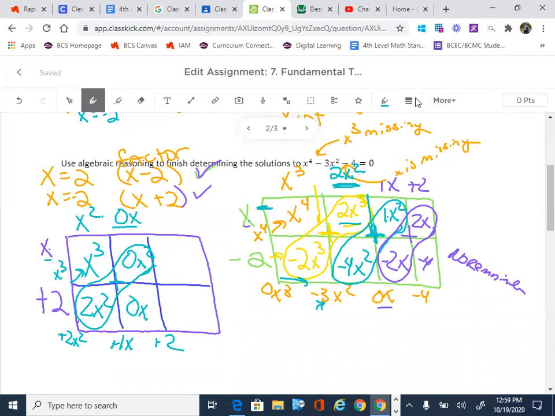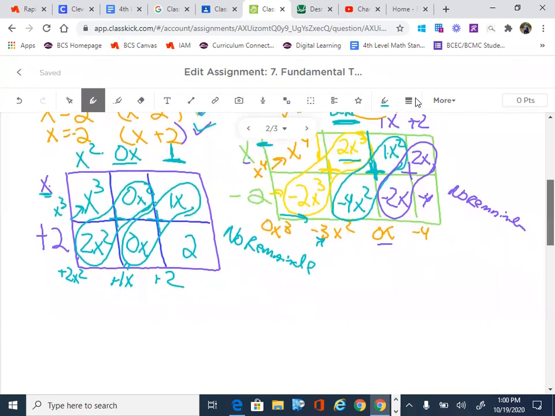Then I put my addition sign and ask, what do I add to 0x to get 1x? 1x. What do I multiply x by to get 1x? That is 1, and 1 times 2 is 2. Notice no remainder.